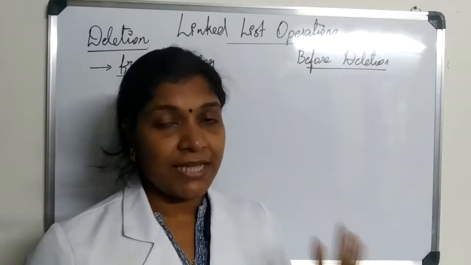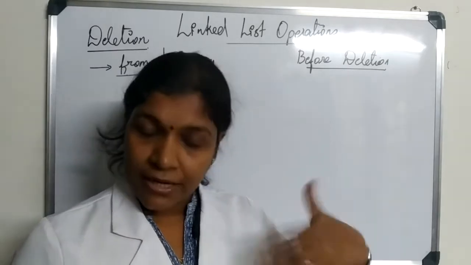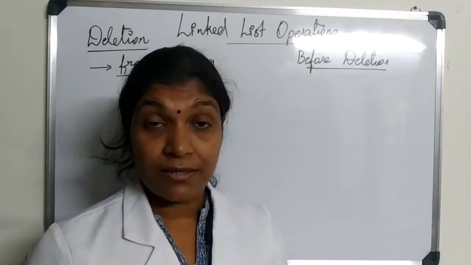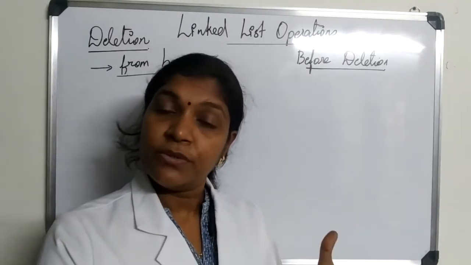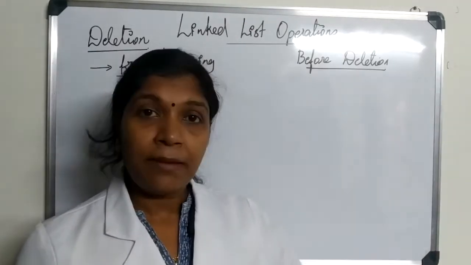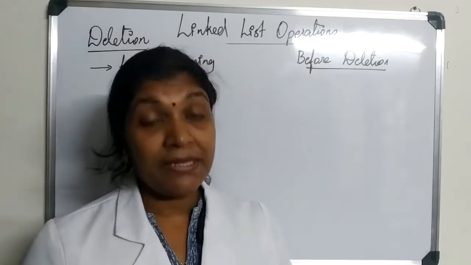There is a chance for that case, because if we are not entering any node into a single linked list, its status would be null, or empty. Or after adding 3 nodes, if we delete the remaining 3 nodes again, it can be empty. So that empty linked list case can be there.